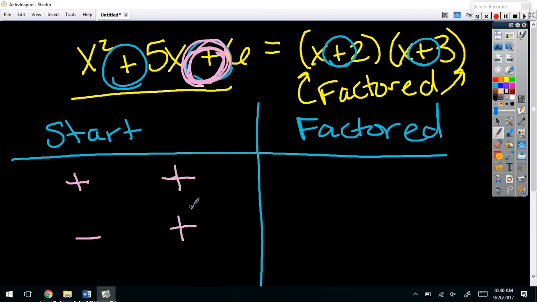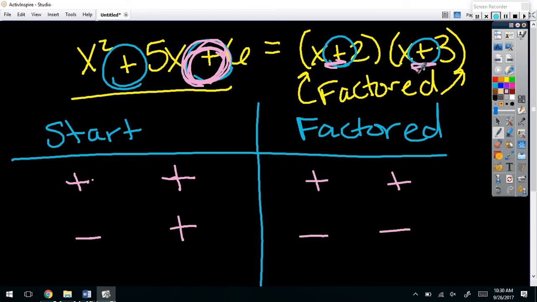If that's the case, then when you factor it, both signs are going to be whatever the first was. So in this case, plus plus. In this case, minus minus. Understand, I'm talking about the signs inside the parentheses. So you don't change the first. Just listen to what I say and try to wrap your brain around it.